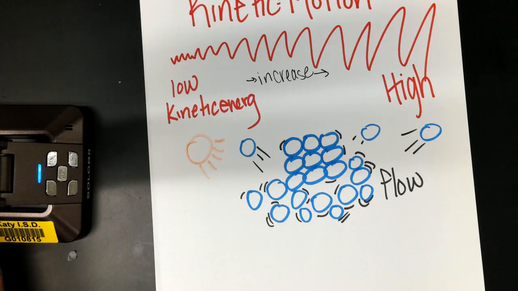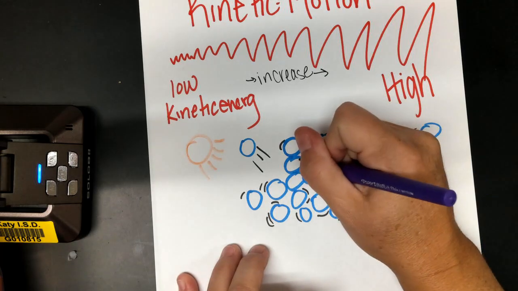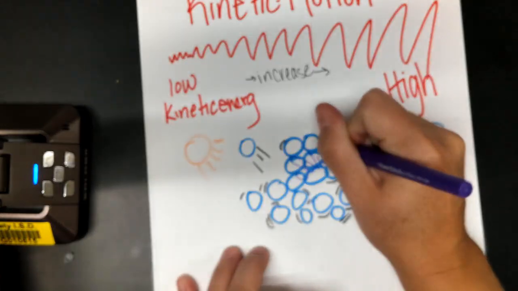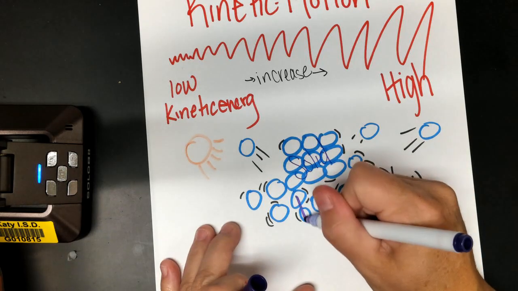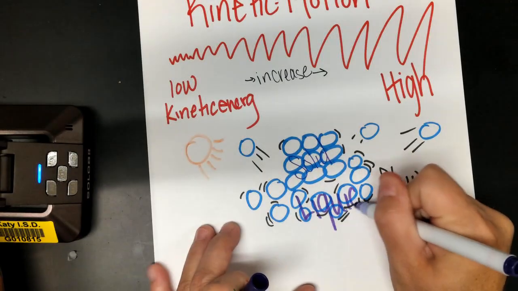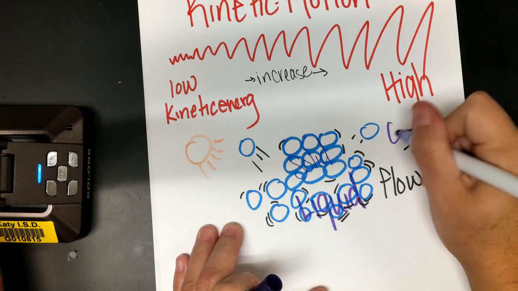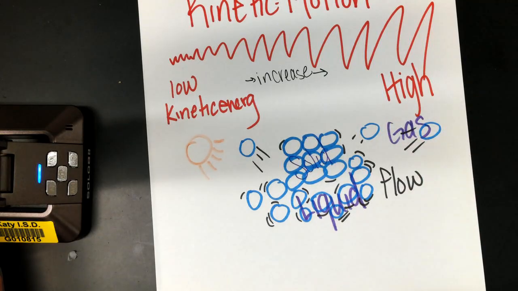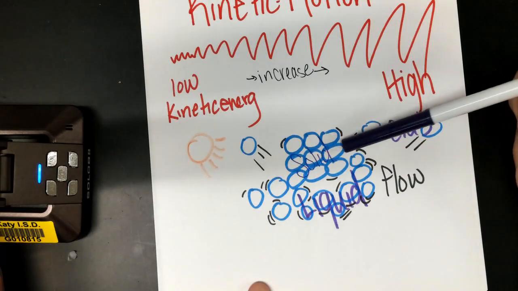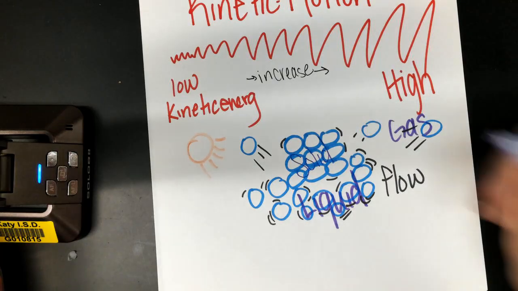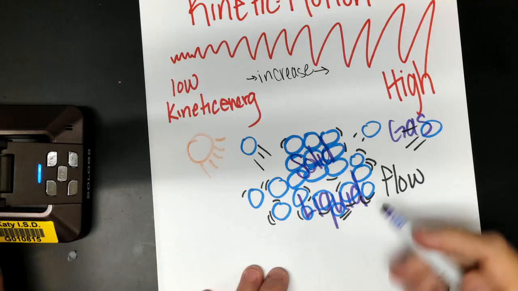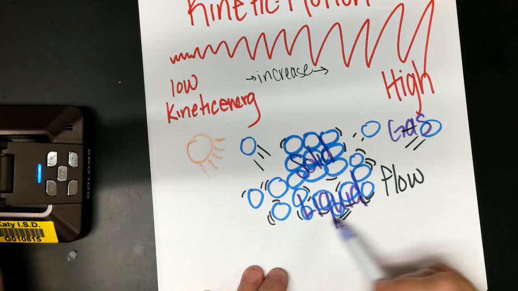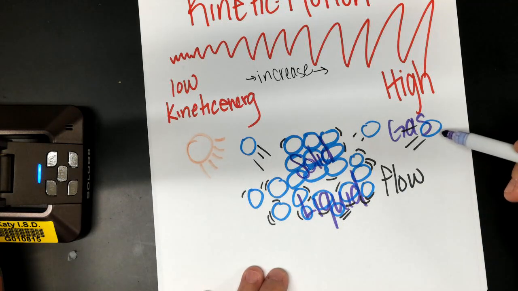So in this one image, we have shown a solid. You have seen an example of liquid and gas molecules. We've seen the low kinetic energy in solid molecules, medium kinetic energy in liquids, and high in gas.